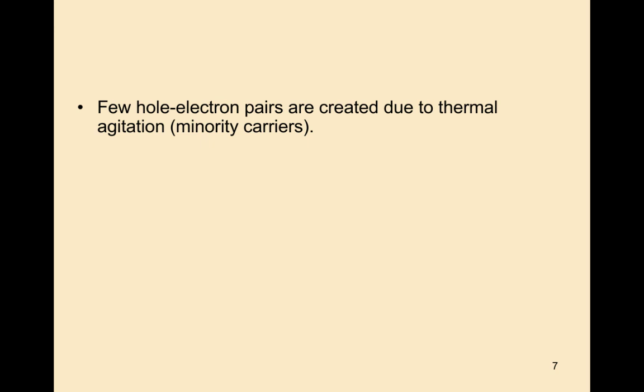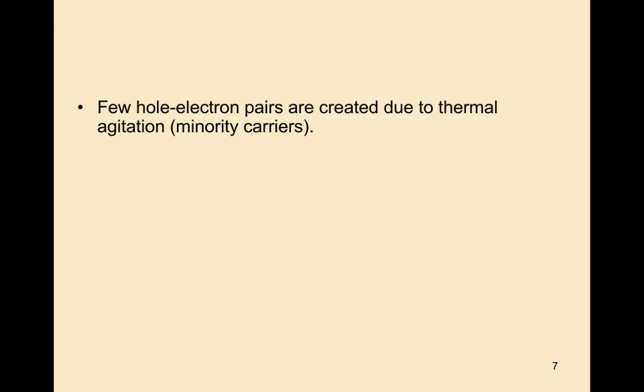But a few electron-hole pairs are created due to thermal excitation. So actually in reverse biasing mode there is no current flowing in the diode, but a small quantity of current will flow, in microamperes or nanoamperes. That current flows in the diode because of electron-hole pairs created due to thermal excitation.